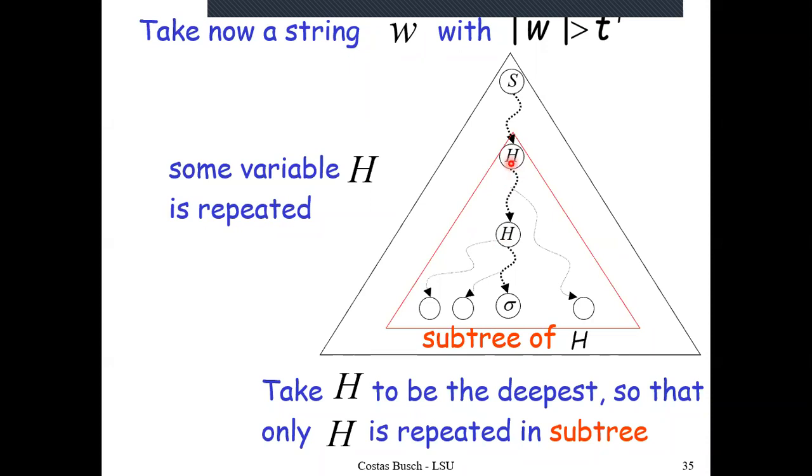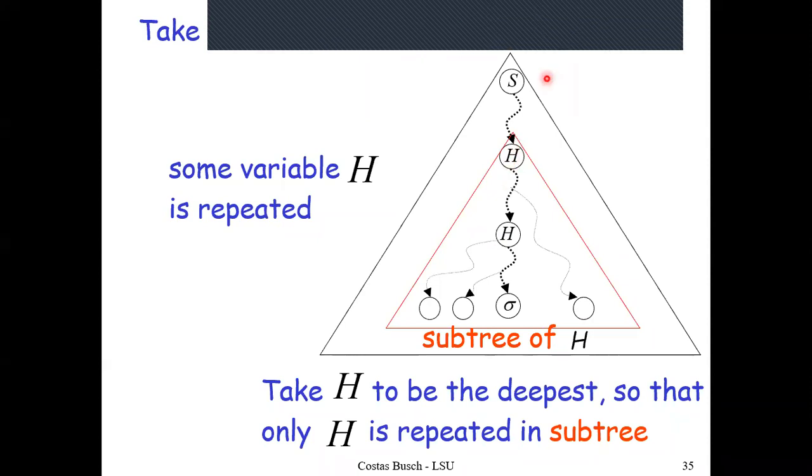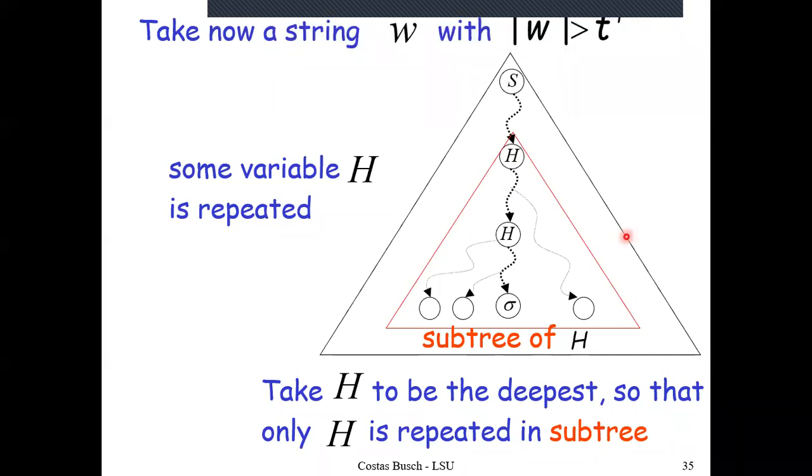Okay. So the thing is, I have some string W whose length is greater than the threshold, and I'm sure the height of the parse tree of that string is going to be at least r+1.